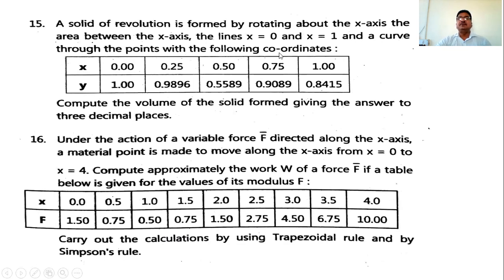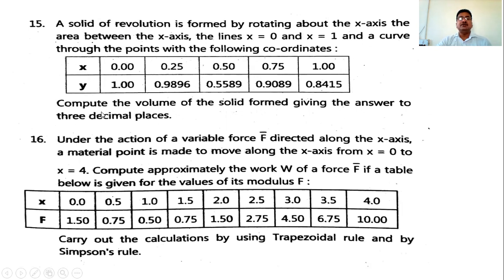Then the next problem: a solid of revolution is formed by rotating about the x-axis the area between the x-axis and the lines x equal to 0 and x equal to 1, and the curve through the points with the following coordinates. These are the values of x, these are the values of y.